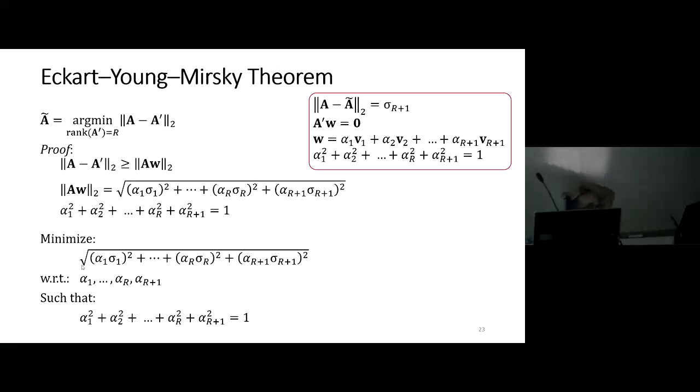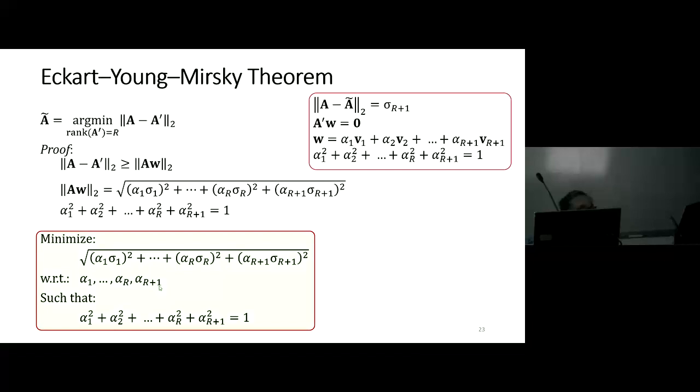I want to minimize this with respect to all these alpha 1 through alpha r plus 1 such that this constraint is satisfied: the summation of the alpha squares should be equal to 1. This is an optimization problem. What is the solution?